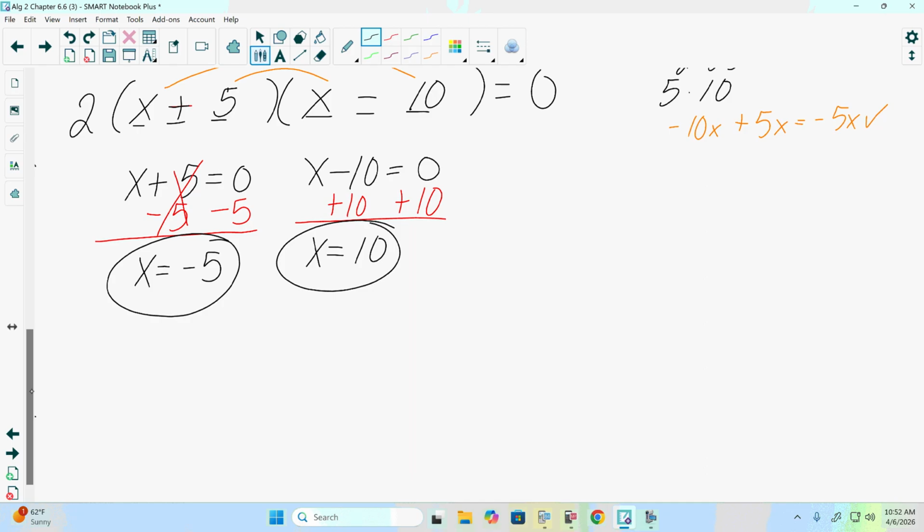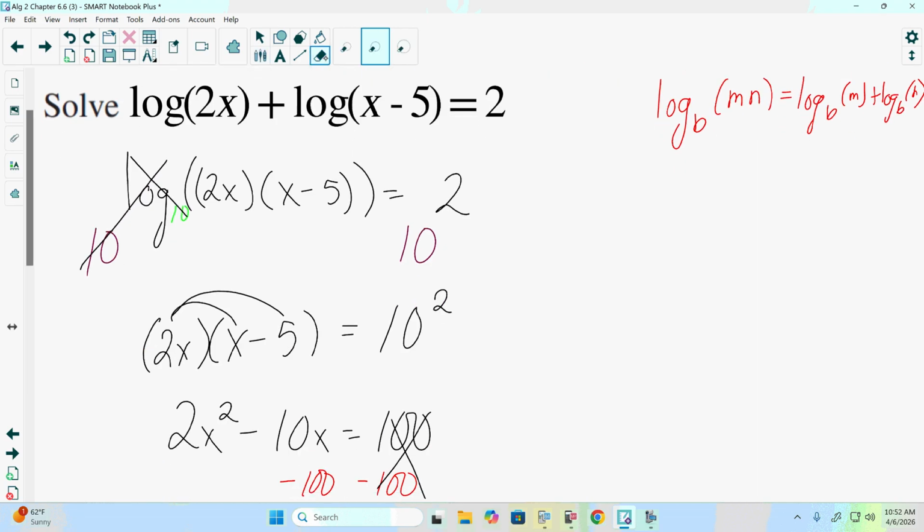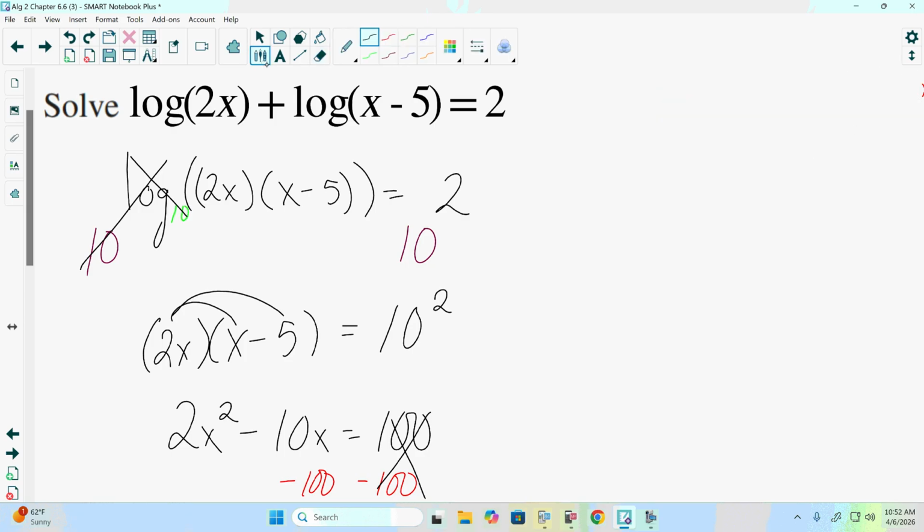Now with these here, we do need to make sure we check our solutions and make sure that they do indeed work. So I'm going to check 10 first. So we're going to check x equals 10.